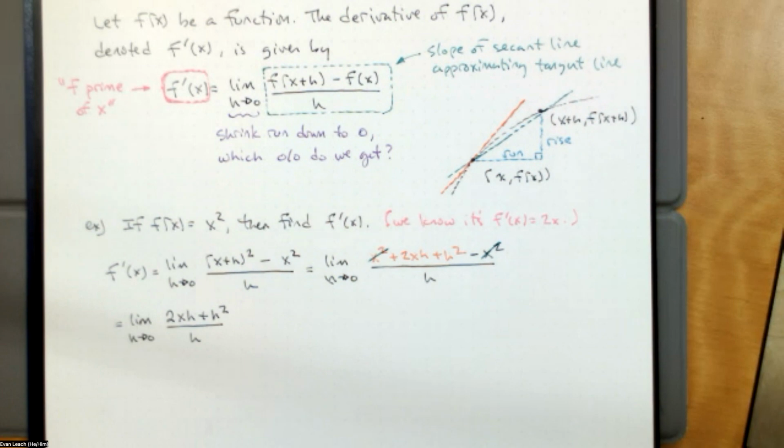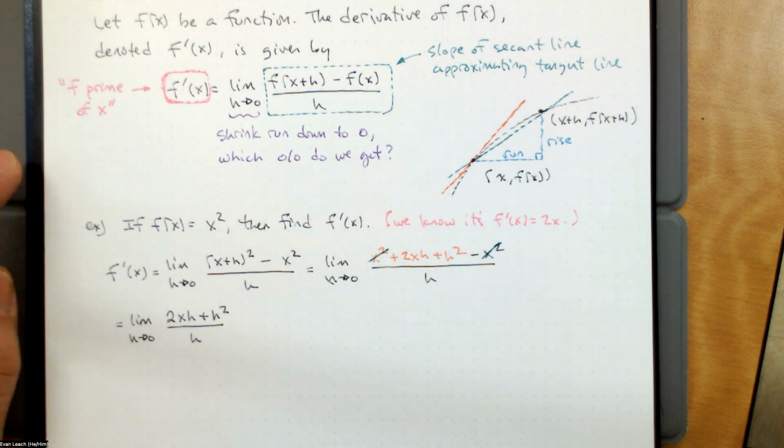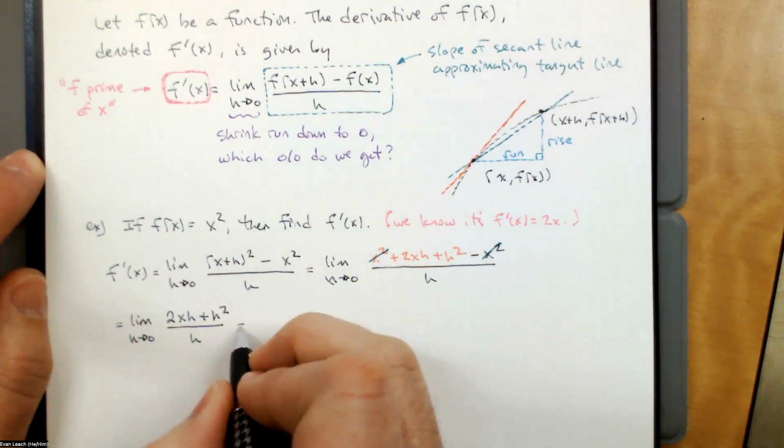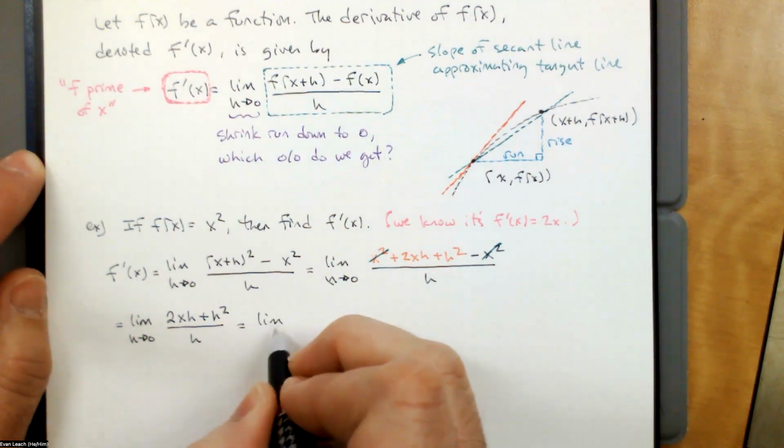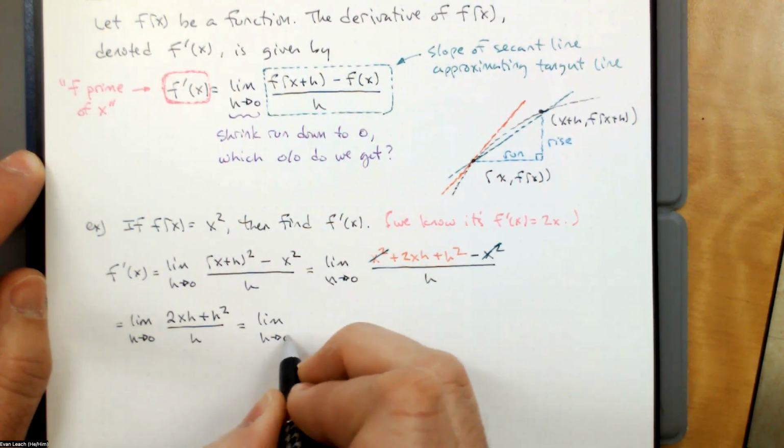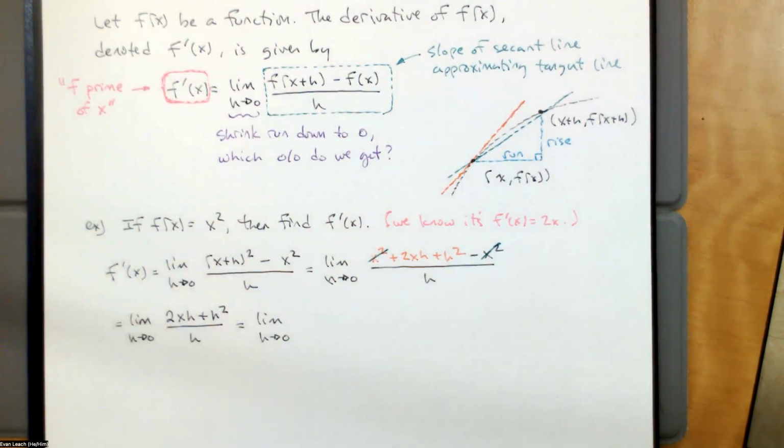This is good for us because what we want to do is just let h go to 0, but that keeps giving us 0 over 0. But now in this form, with those x squareds canceled out, I can actually cancel the h in the denominator. I can look at the h, and there's an h in the numerator that I can factor out.